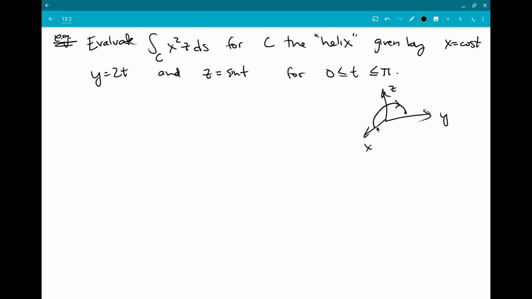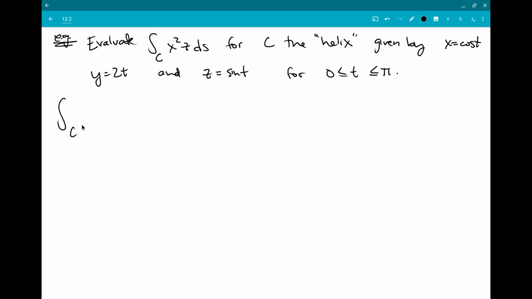You've got to imagine it starts at y equals 0 and ends up here at y equal 2 pi, like that. So that's a visualization of the shape we're talking about. But since they gave us the parameterization of the curve, we actually don't even need to know what it looks like.